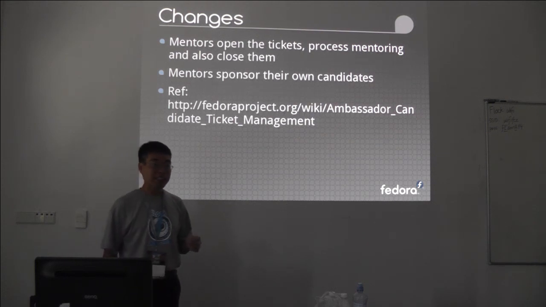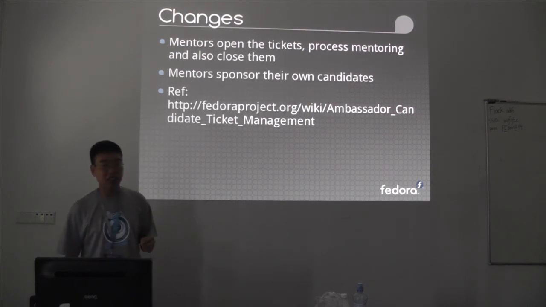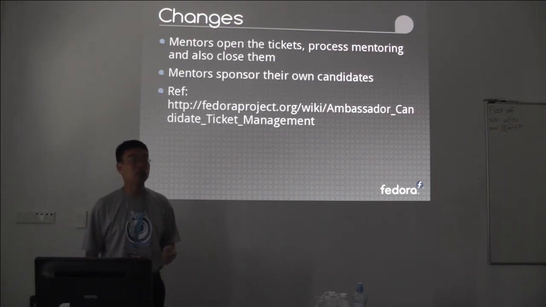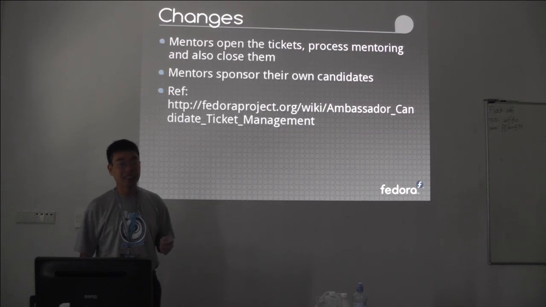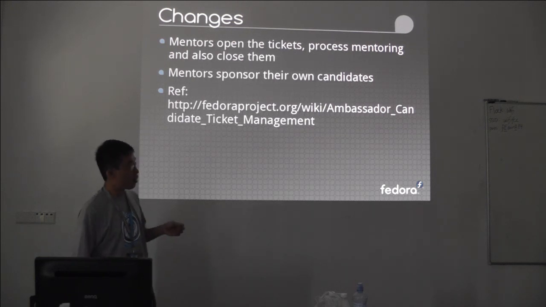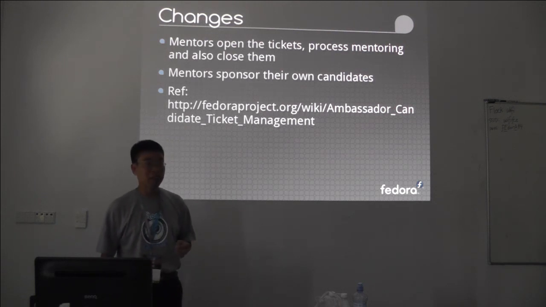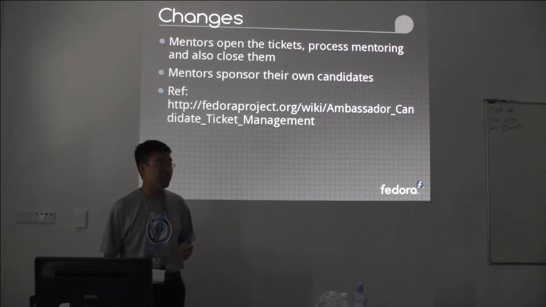Then mentors have the right to sponsor that new candidate to be an ambassador. In the past, that was the job of the Fedora Ambassador Membership Administrator, but now mentors can do that.